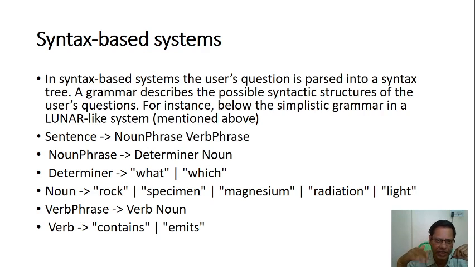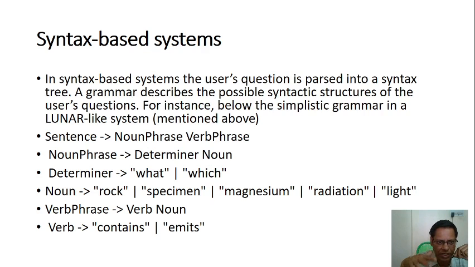Okay, so in syntax based systems, the user's question is parsed into a syntax tree. A grammar describes the possible syntactic structure of the user's questions. For instance, below is a simplistic grammar in a LUNAR-like system. Here we can see the sentence is made of a noun phrase and a verb phrase.